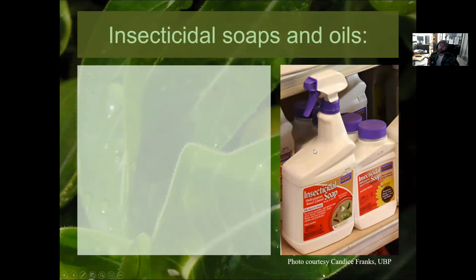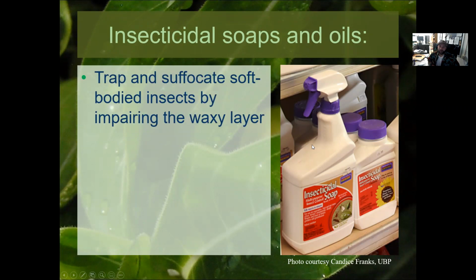So insecticidal soaps and oils trap and suffocate soft-bodied insects by impairing the waxy layer. Once these insects get hit by this stuff, they become trapped and basically asphyxiate, drown, whatever it is, caught up in that soap.